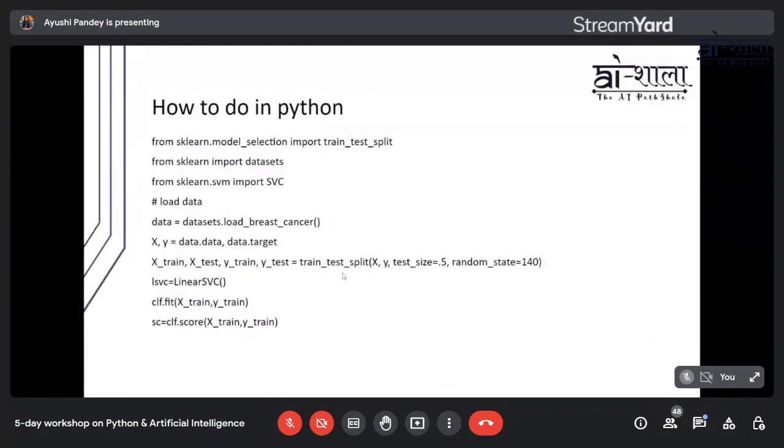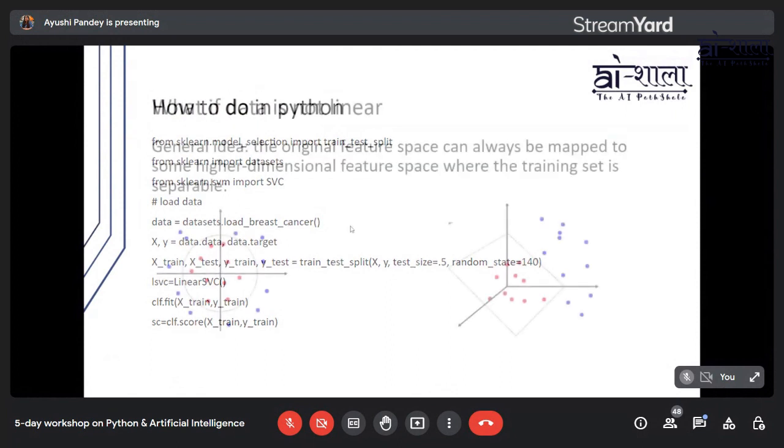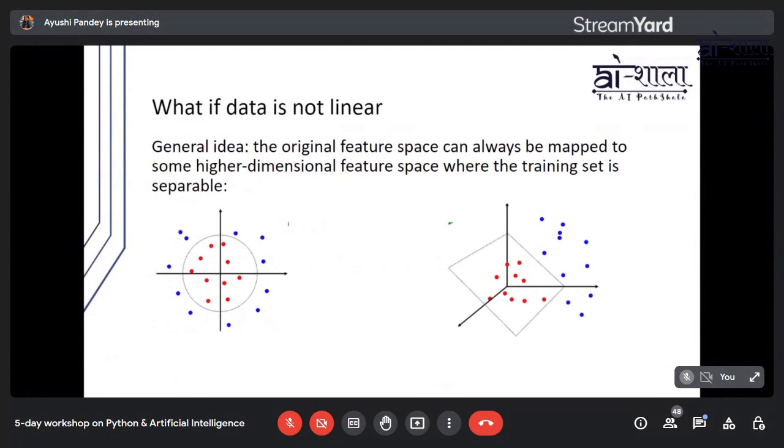Okay, so I told you about this thing in Colab. Then our issue is: what if the data is not linearly separable? So the general idea is the original feature space can always be mapped to a higher dimension.